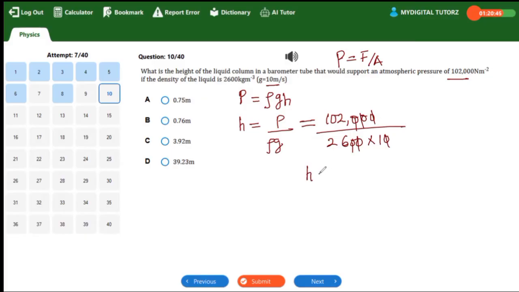Therefore, our height will be equal to 102 all divided by 26. Using the calculator, 102 by 26 will give us 3.92 meter. That is option C. I hope this is understood.